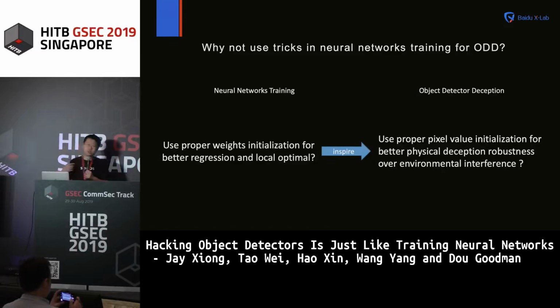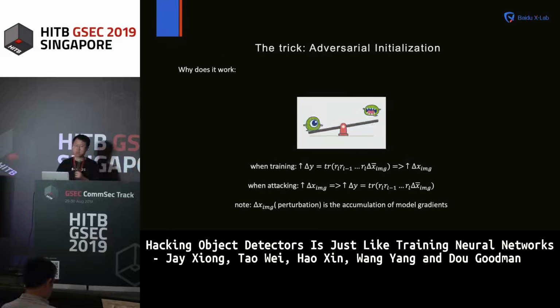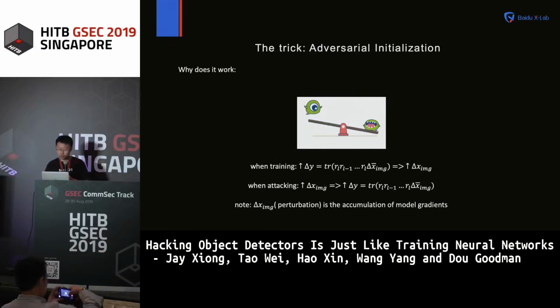Since we noticed this similarity between how we train a neural network and object detector deception, we were inspired: why not initialize the input picture with a proper picture value, so that it might lead to better performance in the deception process? This is just with less logic. We're just inspired by this, but actually, we think it works.